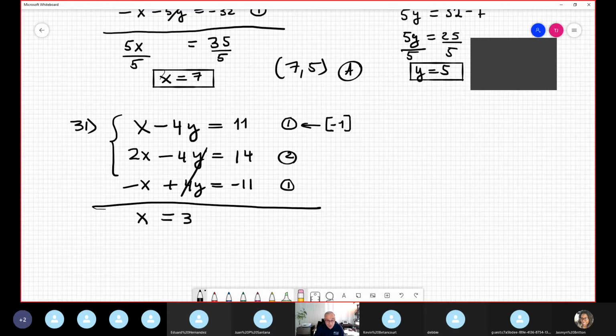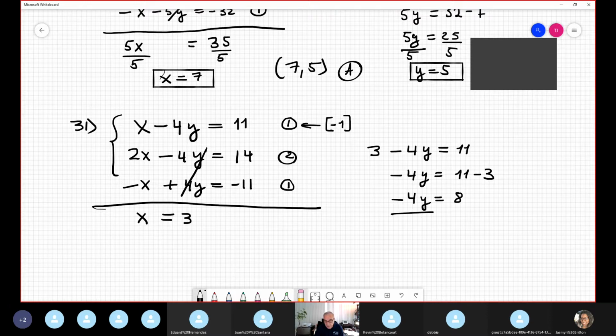So now x is no x anymore, it's 3. 3 minus 4y equal to 11. Minus 4y is equal to 11 minus 3. Minus 4y equals 8. Divided by -4, y is equal to -2. And the solution is the ordered pair 3, -2. Like option A again in the package.